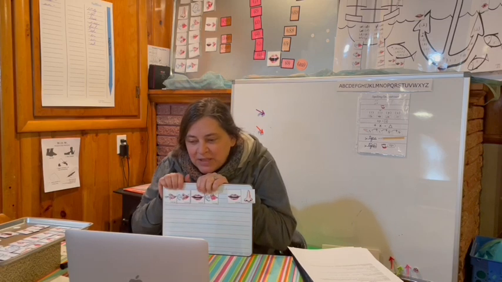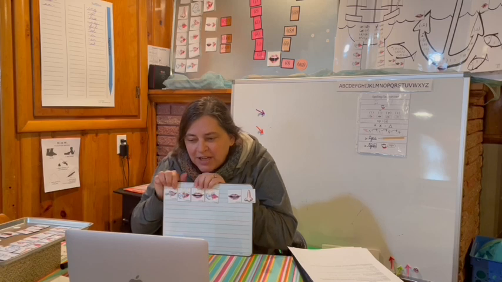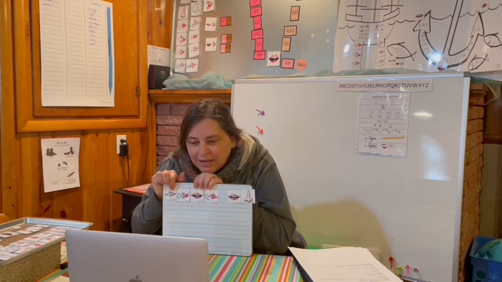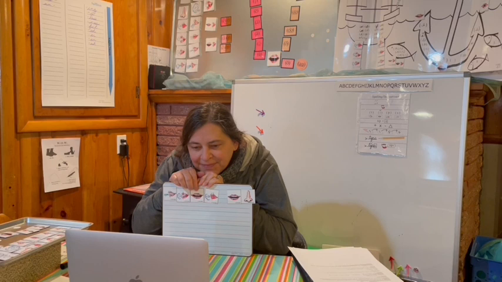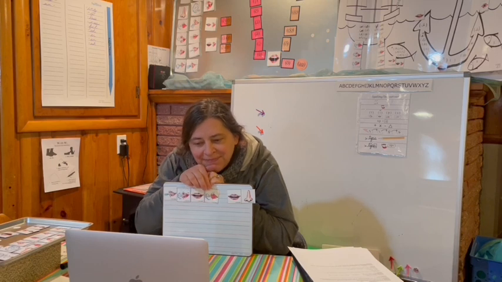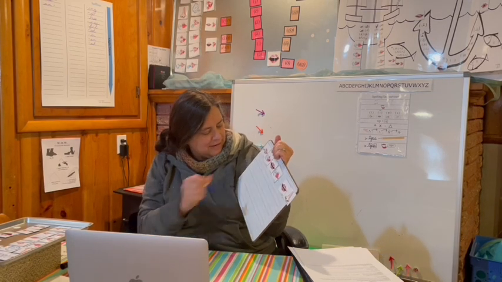So if this is our base word, let's first write out the base word, okay? Why don't you touch and name the letters for me? S. K. I. P. Perfect. Let's write it underneath, okay?